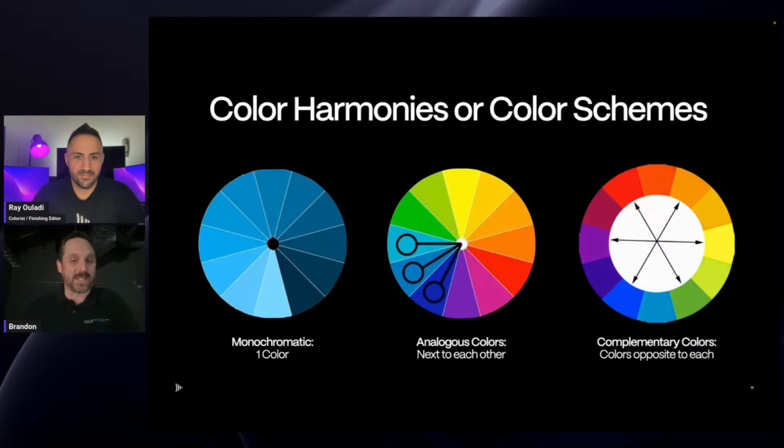These are palettes, basically, if you want to think of it like that. You're a painter and you've got one of those little things with the paint on it. But there's multiple, and this is just some of them. I think there's like 7 color harmonies and color schemes. So you've got monochromatic, that's a single color, as you can see. Then you've got analogous, I always say that word wrong, colors, which are the ones that are next to each other.